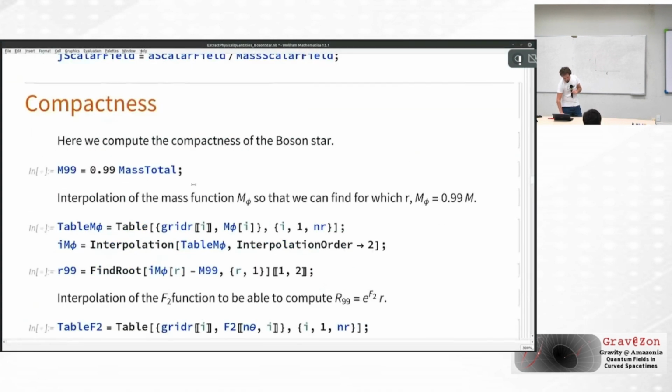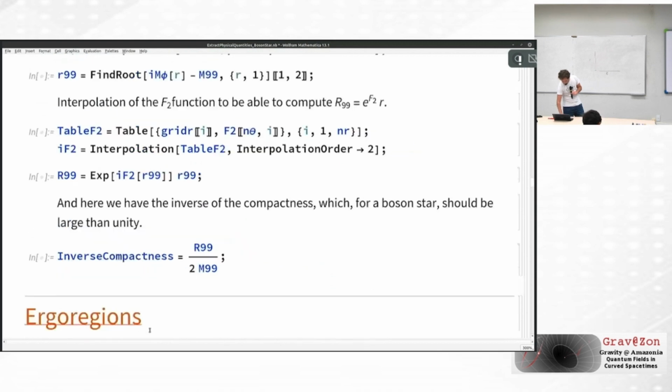It makes sense to save all the masses for each radius, since then you can see exactly at what radius you get the 90% of the total mass. You can then do an interpolation and find exactly where this radius is. With that, you can compute the compactness, which basically is here, and see if the Boson star is supercompact or not.